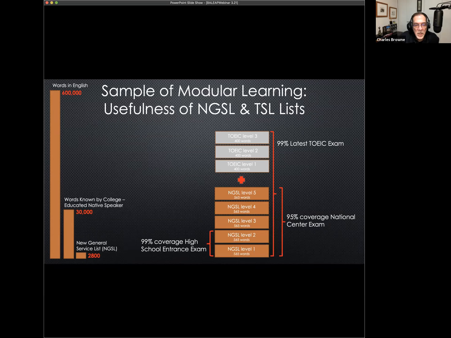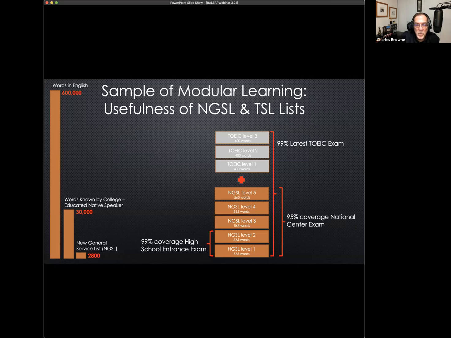What we're seeing is if you combine NGSL and the TOEIC, you're getting 99% coverage on the latest versions of the TOEIC exam. But even just subsections of the NGSL are helping students to pass certain thresholds. Just the first two levels of the NGSL, that's about the first 1,100 words, the most frequent words on the NGSL, gives 99% coverage of Japanese high school entrance exams, and the whole NGSL is giving 95% coverage of the center exam.